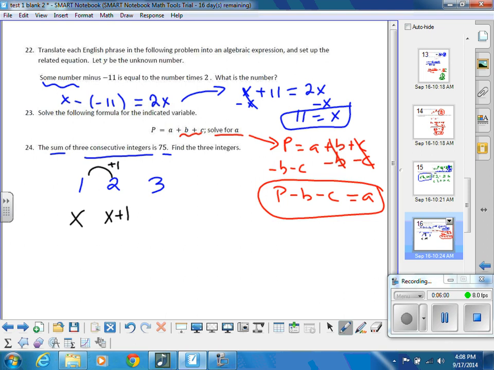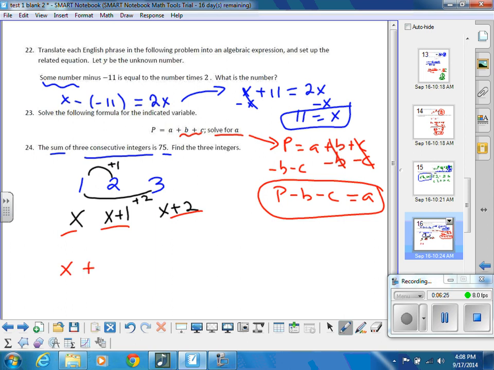Now to go from 1 to 3, I add 2, right? So I'm going from 1 to 3. I'm not going from 2 to 3. So now 3 is represented by x plus 2. These, right here, are what you would always use to represent 3 consecutive integers. So what you have to do is to do this as a sum, add them up.